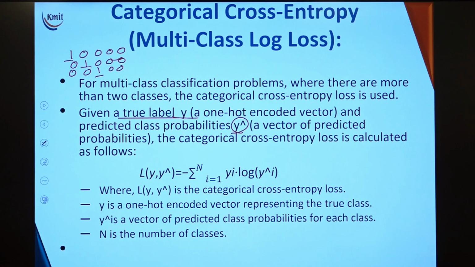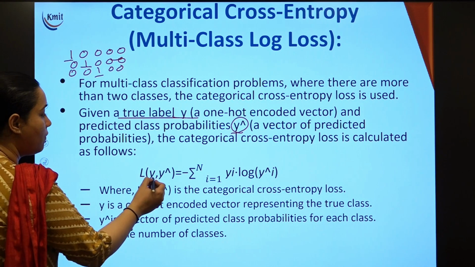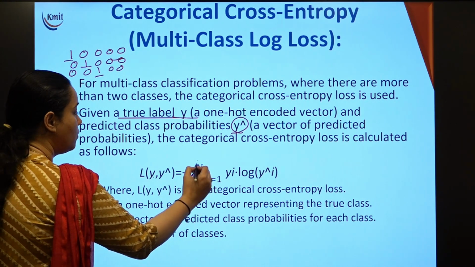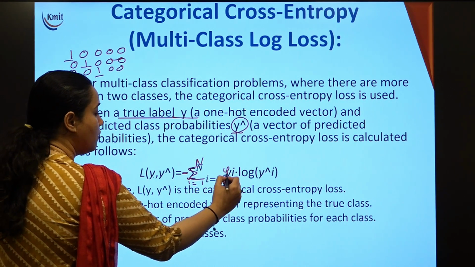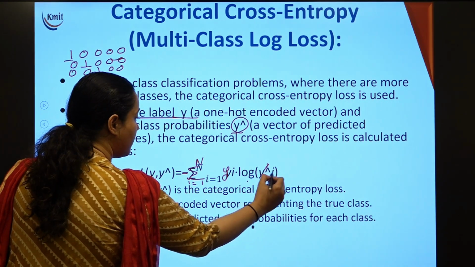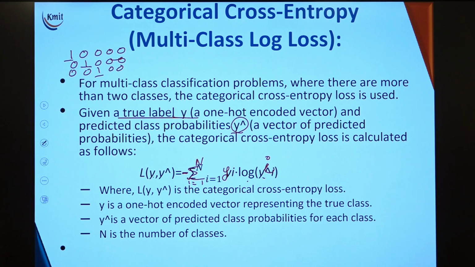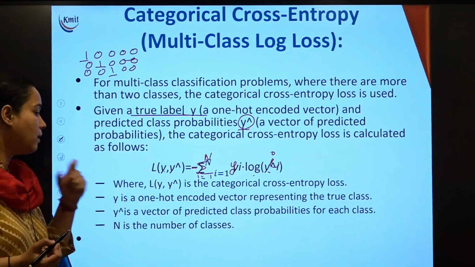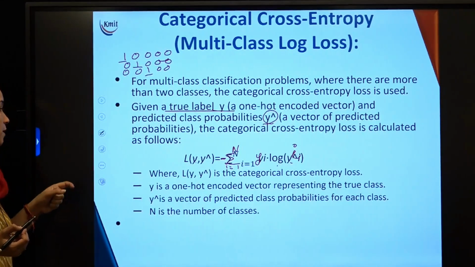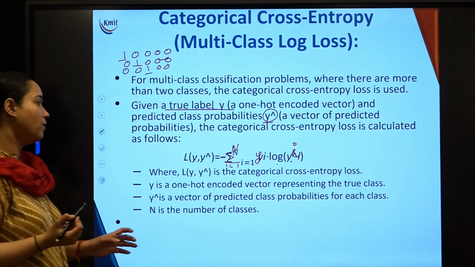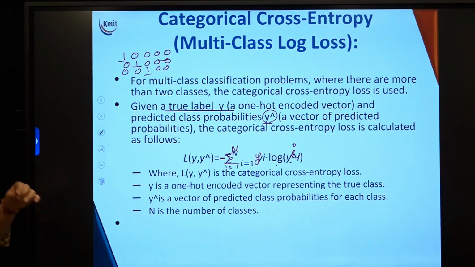The categorical cross entropy can be written as loss of y comma y cap equals summation over i equals 1 to N of minus y i log y cap i. Here y is a one hot encoded vector representing the true class, y cap is a vector of predicted class probabilities for each class, and capital N is the total number of classes. This is how you calculate the categorical cross entropy.